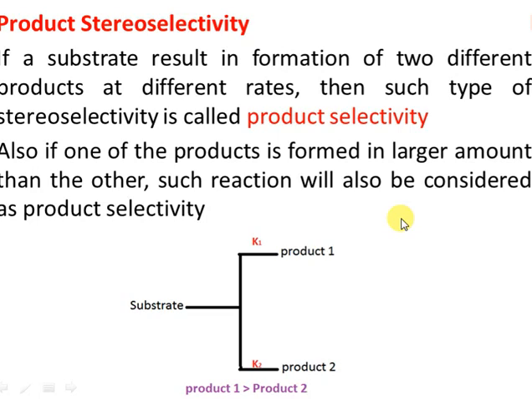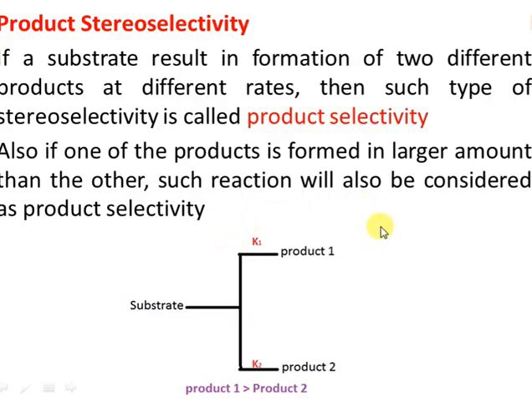This preference may be in the form of difference in amount. Maybe you can say product 1 is formed in higher amount while product 2 is formed in lower amount, or this difference can be in the form of rate of reaction. So this substrate is forming product 1 and product 2 at different rates, maybe the formation of product 1 is occurring at a faster rate, right? It means that this is selectivity and the reaction is preferring the formation of product 1.